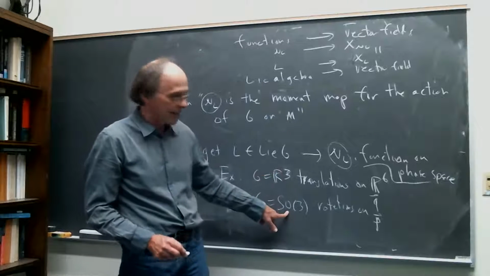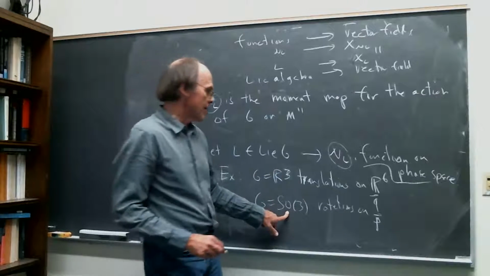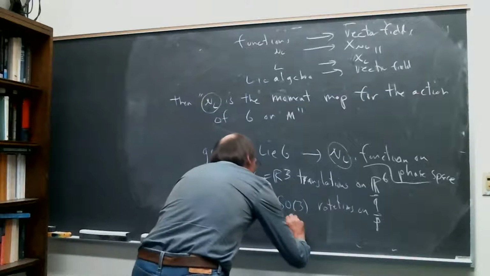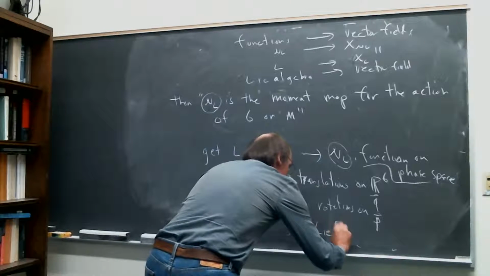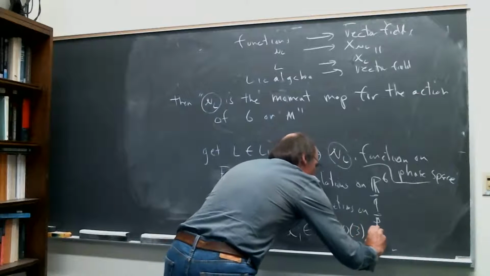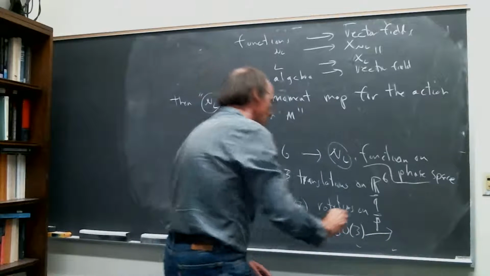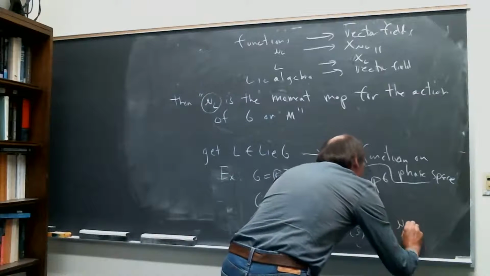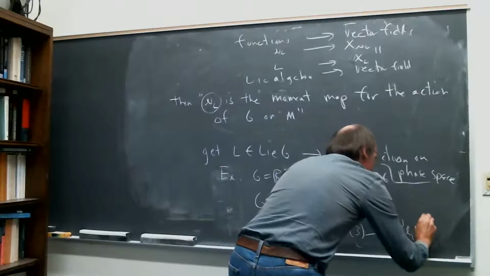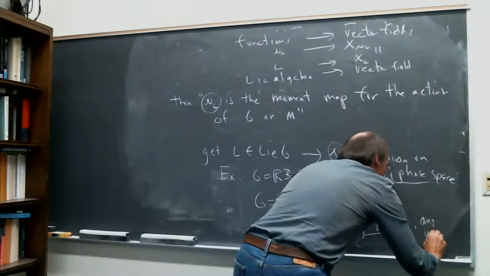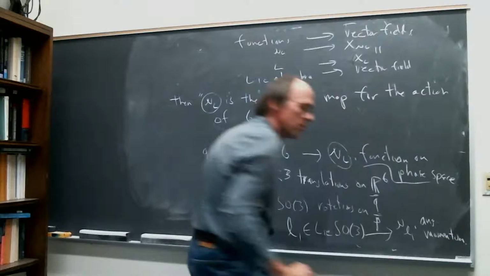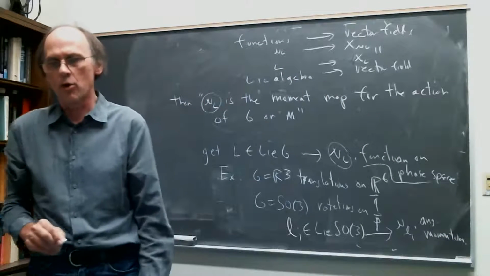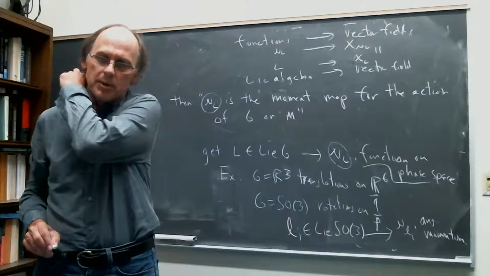For each element of the Lie algebra, L_i, an element of the Lie algebra of SO(3), is going to go to u_{L_i}. And this is going to be the angular momentum. So this is worked out somewhat in the book, and it's also part of your problems to look at.